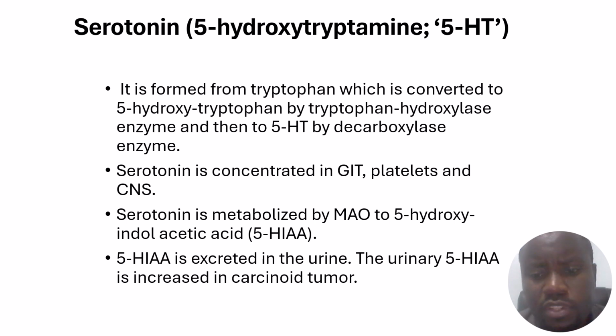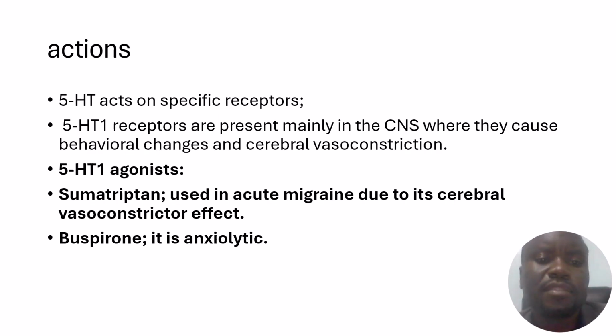So the amount that appears in urine can be an indicative parameter of the state of serotonin levels in the body. This is crucial in conditions where there are tumors that are producing excess amounts of serotonin, and they will be indicated by high levels of serotonin and eventual increase in the levels of 5-hydroxyindoleacetic acid.